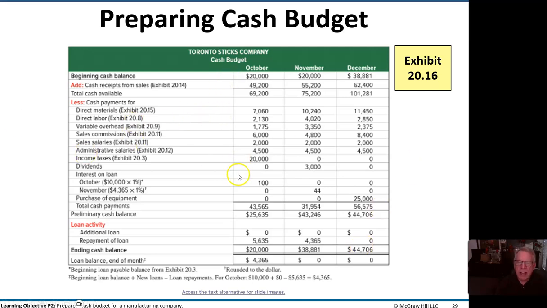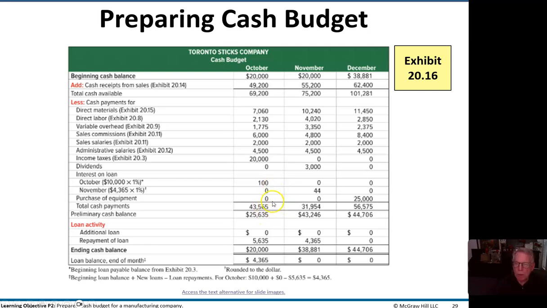Now, preparing the cash budget, let's look at October's beginning balance. We add the cash receipts from sales, so we have our cash available. Then we have all our cash payments for direct materials, direct labor, variable overhead, sales commissions, sales salaries, administrative salaries, income taxes, dividends, and then interest on the loan. We said that's 1% of the outstanding balance, which in this case would be $10,000 times 1% for October.